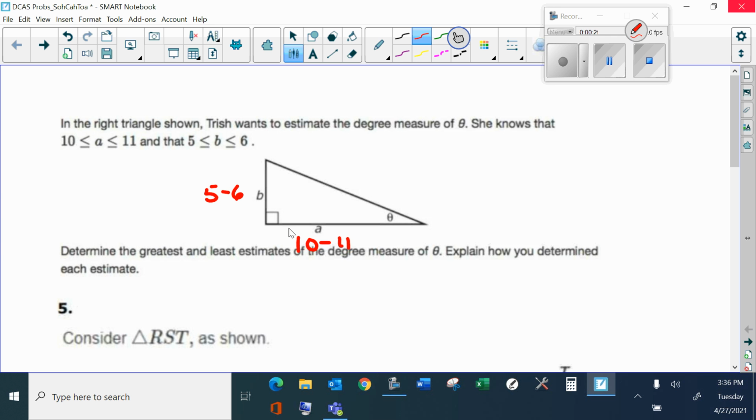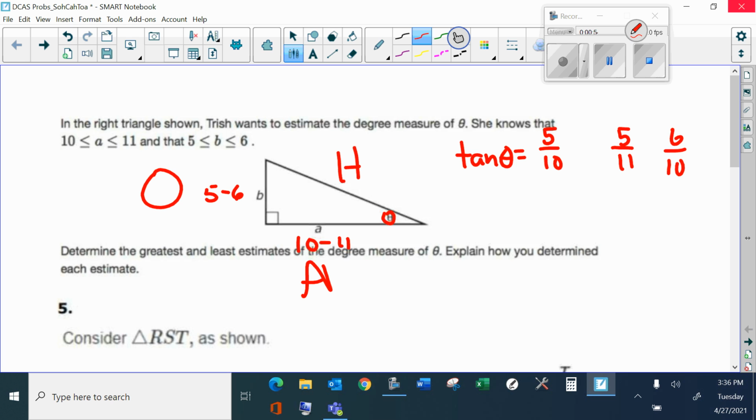Now, since this is theta right here, we know this is the opposite side, this is the adjacent side, and this is the hypotenuse. So every time it's opposite over adjacent, which is tangent. So tangent of theta equals the opposite, 5 over 10, and we could have 5 over 11, 6 over 10, and 6 over 11.